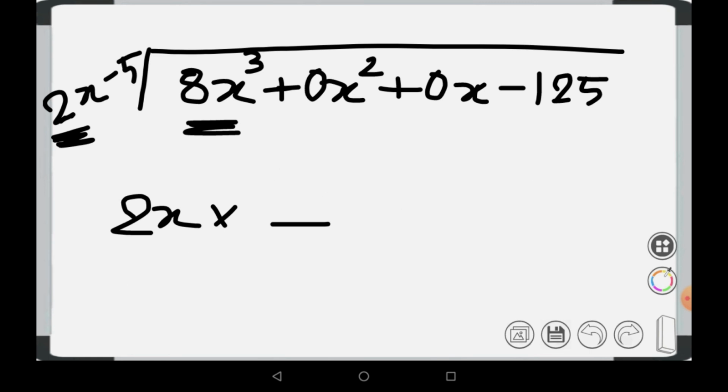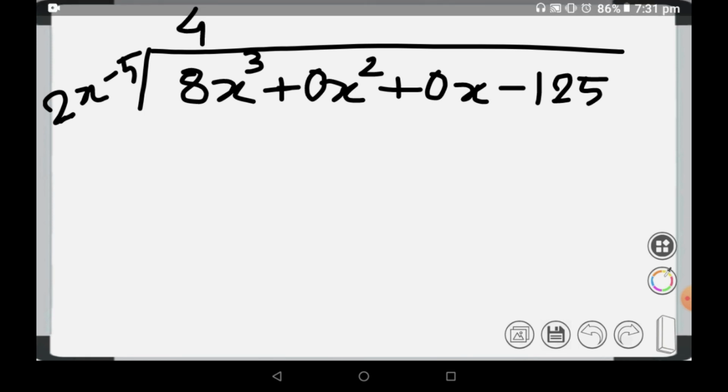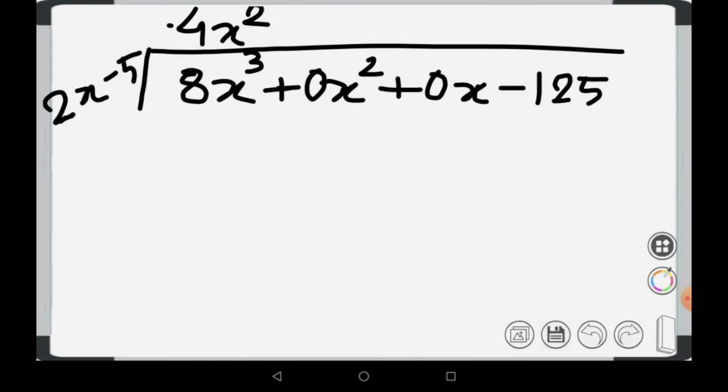Now we'll keep this thing in mind that the 4x square that we are taking is multiplied to both the terms in the divisor. So 4x square into 2x, 8x cube, 4x square into minus 5 would be minus 20x square.